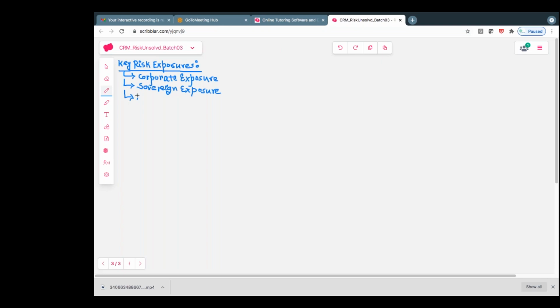The third set of exposure that we have over here is the bank exposure. The fourth exposure that we have over here is the retail exposure.